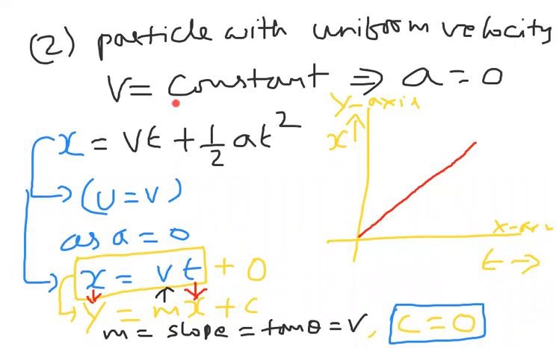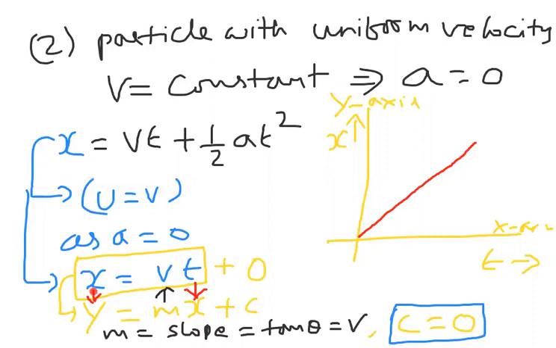Here velocity is constant, acceleration 0, x equal to ut plus half at square. I am taking initial velocity as v, so x equal to vt plus half at square. Because velocity is constant, u and v are the same. As acceleration is 0, I can write x equal to vt.